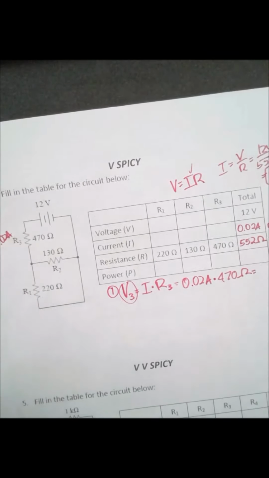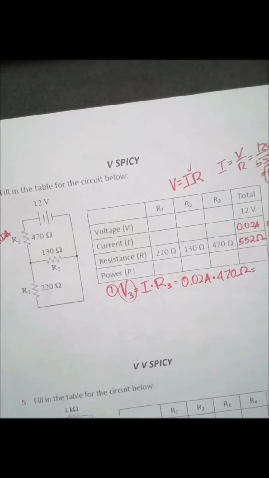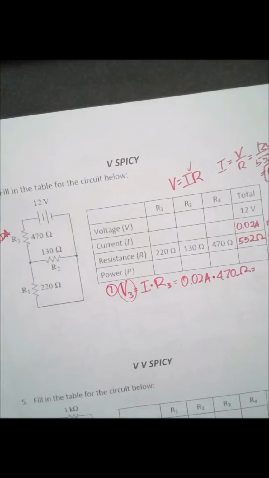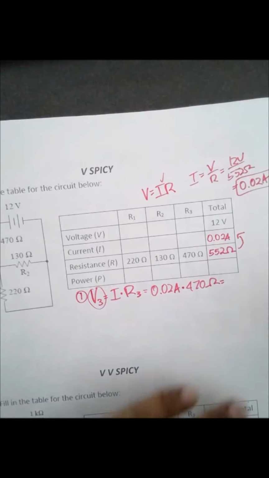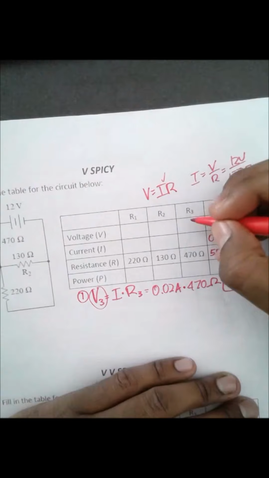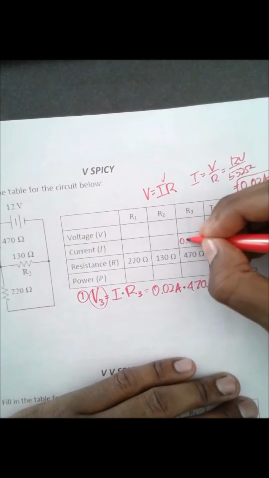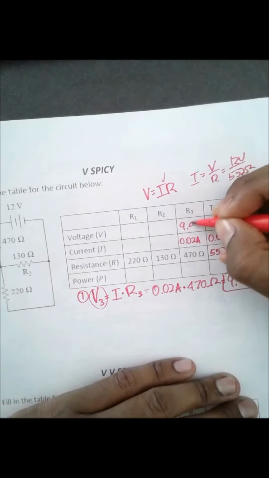So the voltage drop across this resistor is 0.02 times 470, 9.4 volts. Boom. The current is the same for the total as it is for R3.